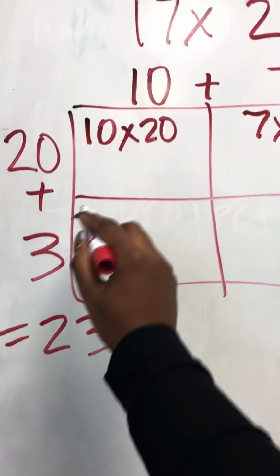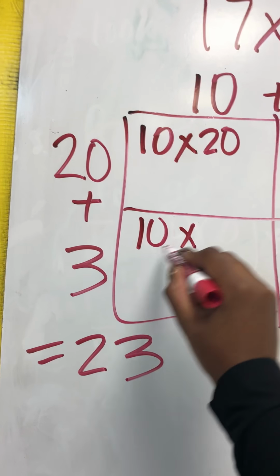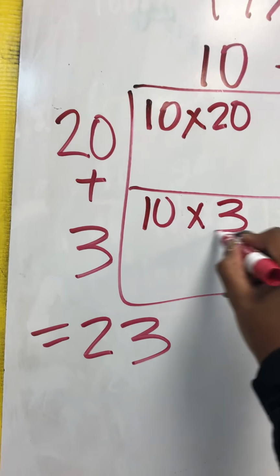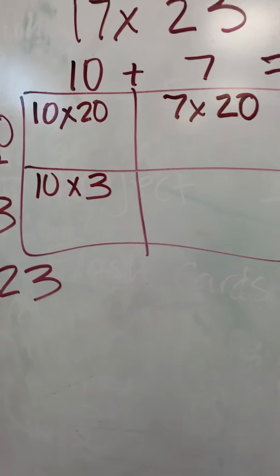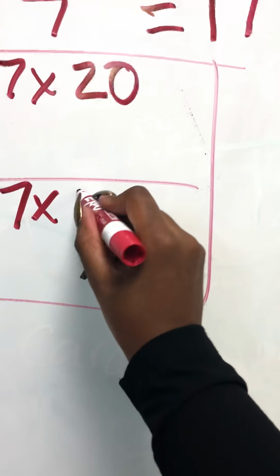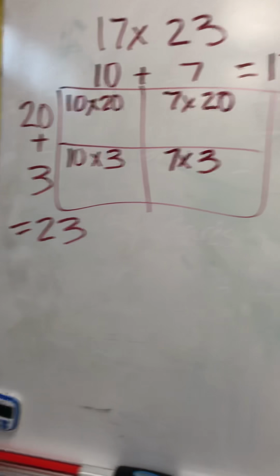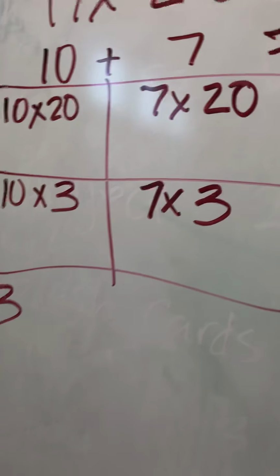In this box I have 10 at the top, right there, times 3 at the side. 10 times 3. And in the last box, I have 7 at the top, and I have 3 at the side. 7 times 3.